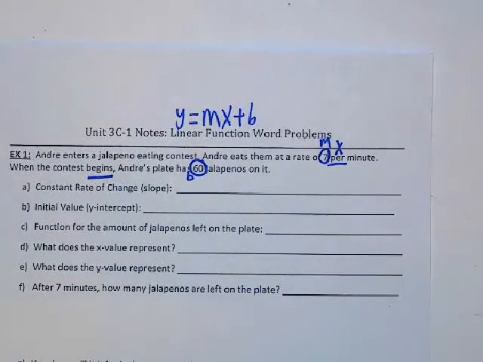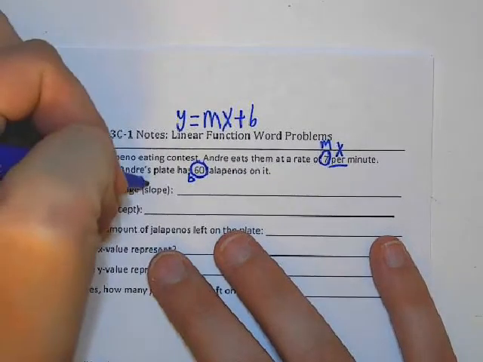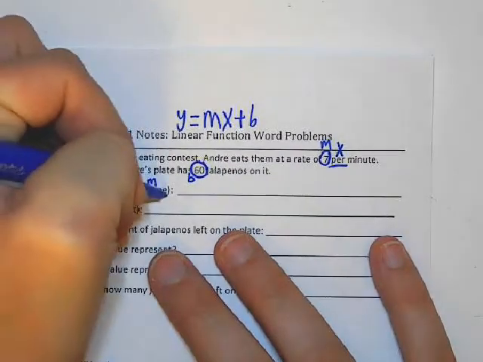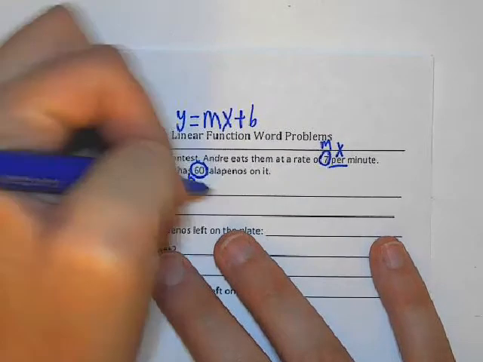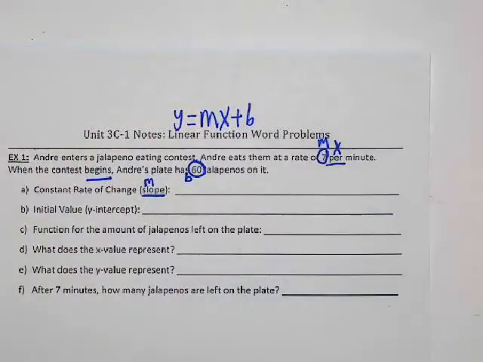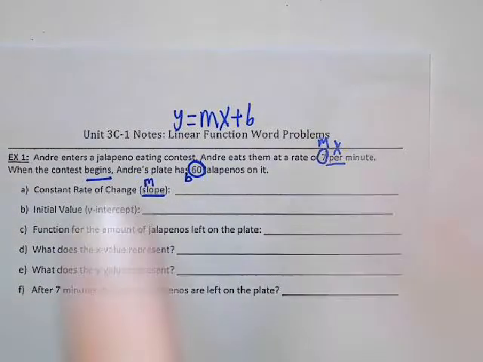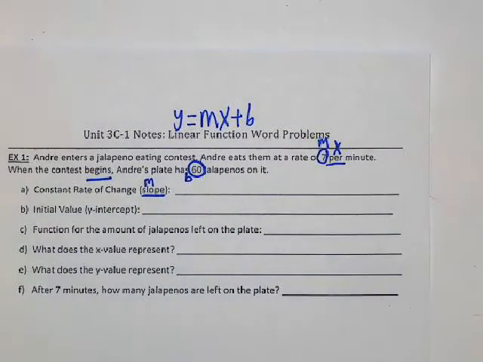Constant rate of change stands for my m. Slope is m. So what represents m? 7. Now let's talk about this. You start with how many jalapenos? 60. If I'm eating 7 per minute, am I adding 7 or taking 7 away?